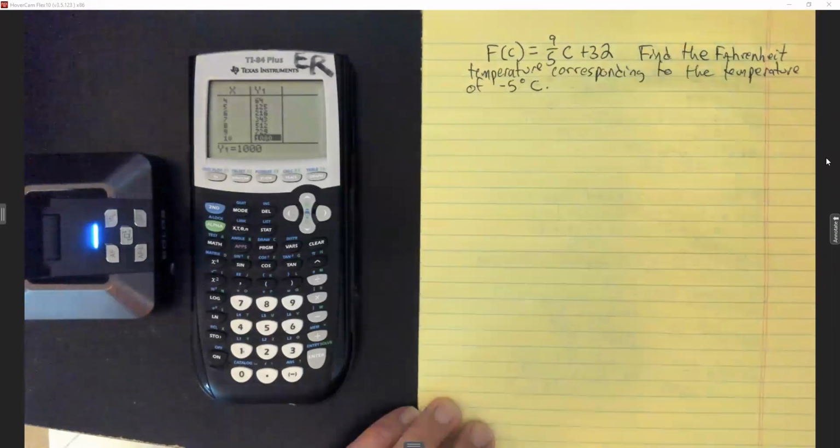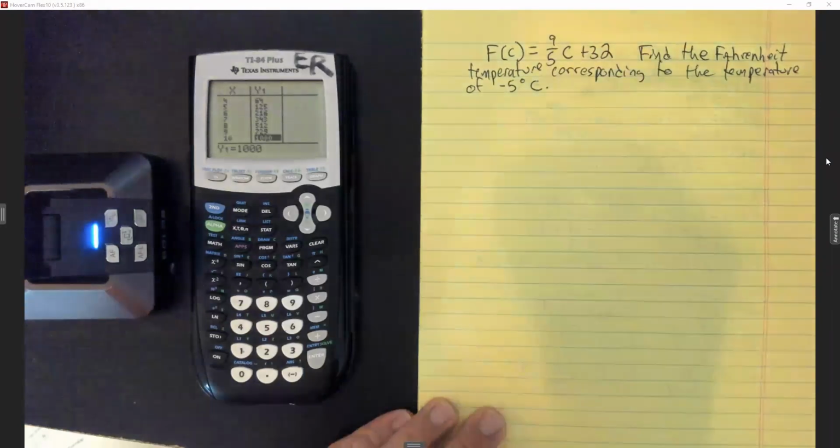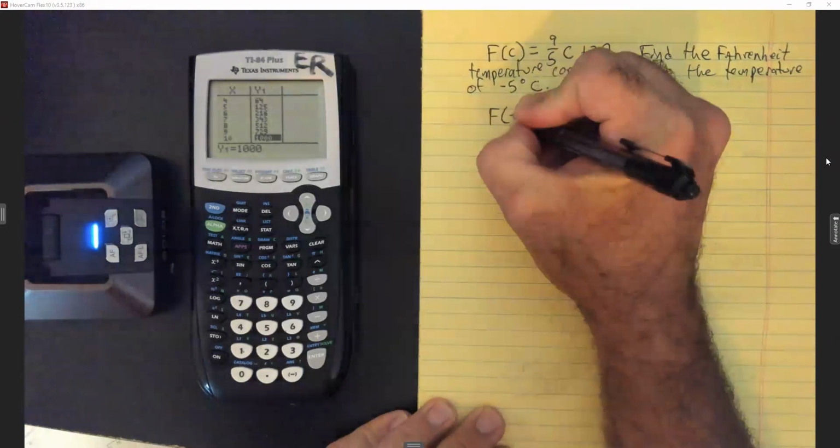So basically what they want me to do is find f of -5.